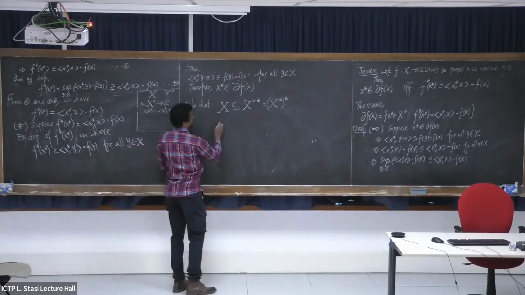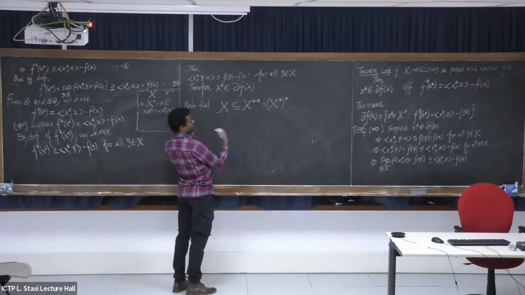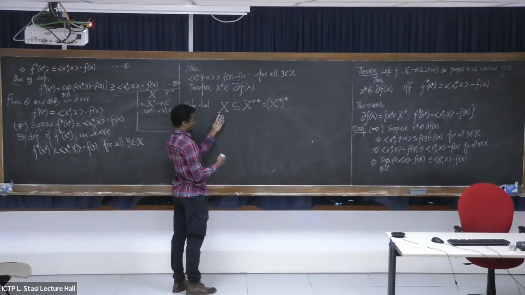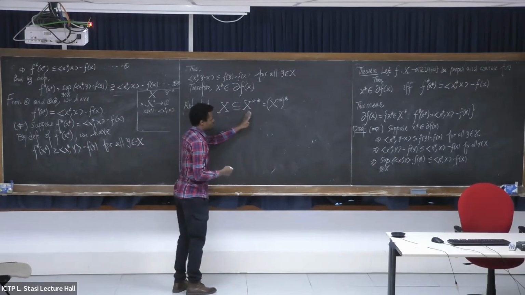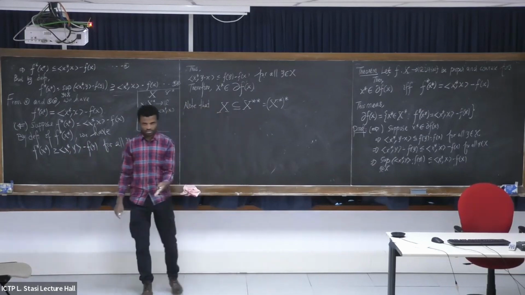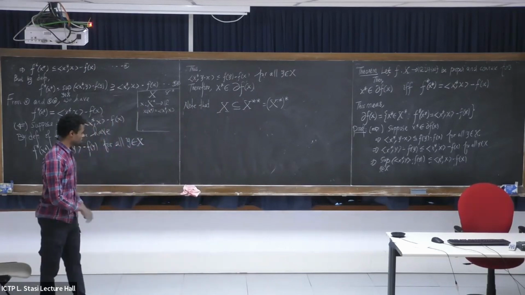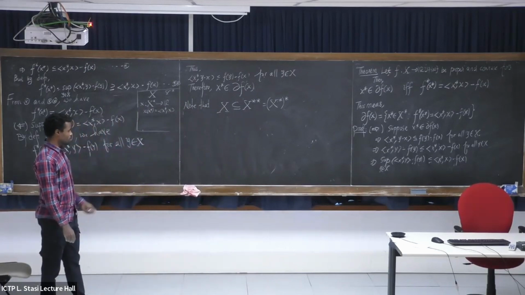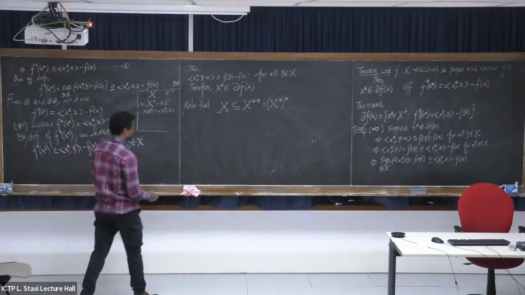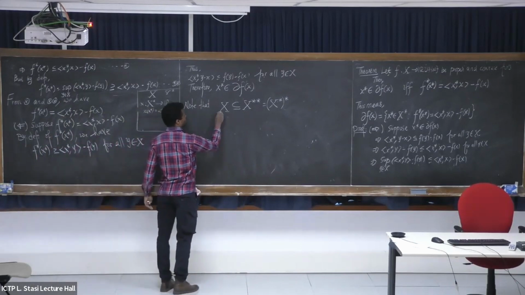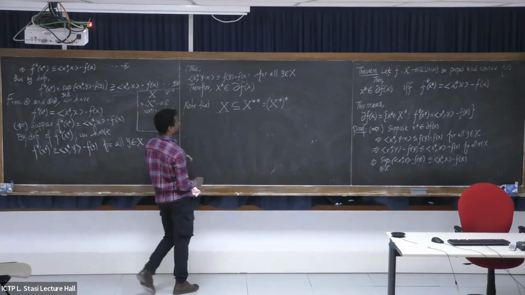If X is equal to X double dual, we call it a reflexive space. But with this weak condition, this is true in the sense that each x is operating this way.